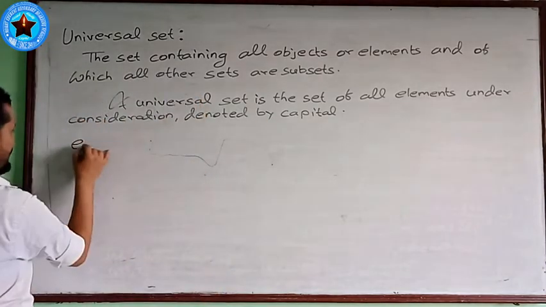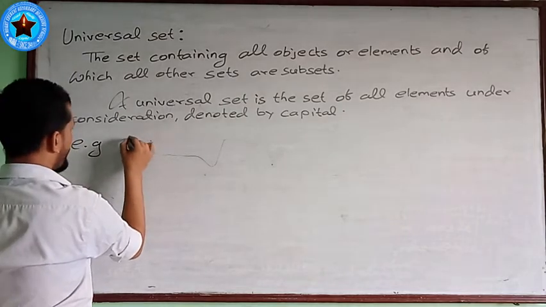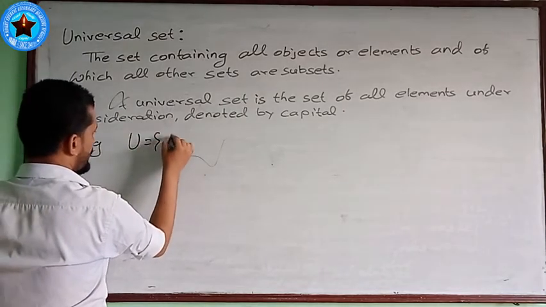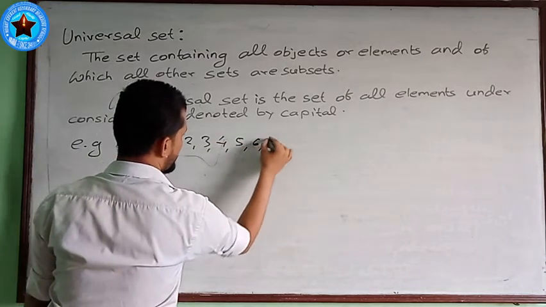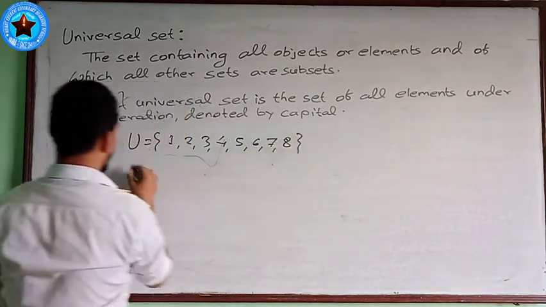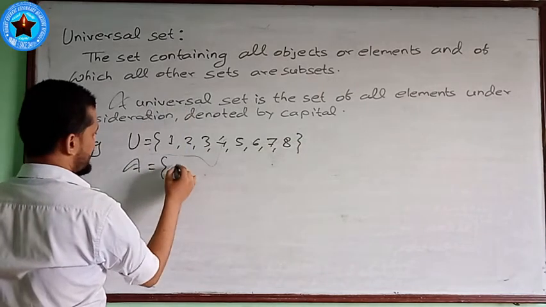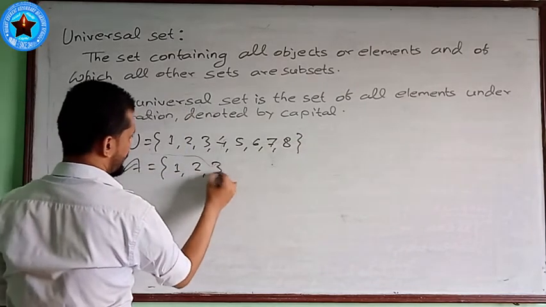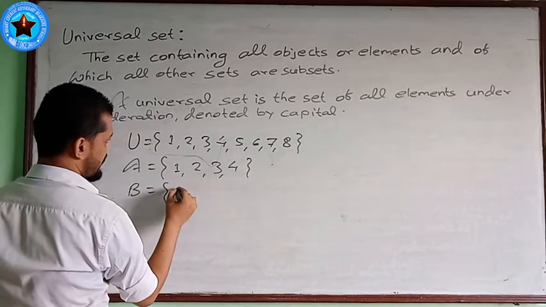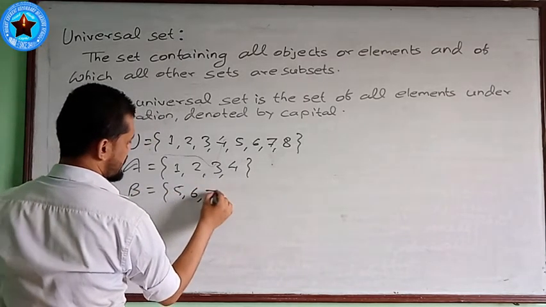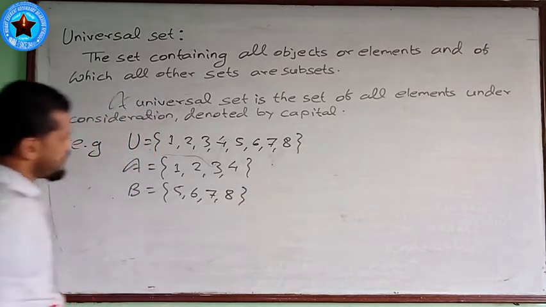Suppose, for example, we consider U as {1, 2, 3, 4, 5, 6, 7, 8}, and set A has the elements 1, 2, 3, 4, and similarly set B has the elements 5, 6, 7, 8.